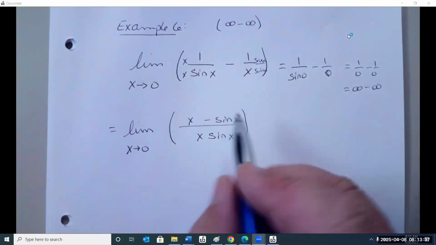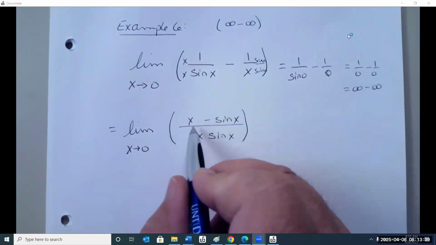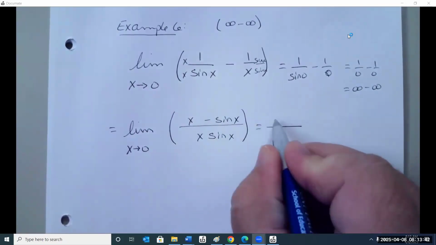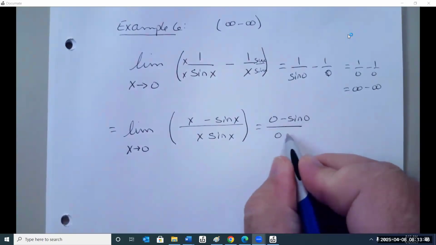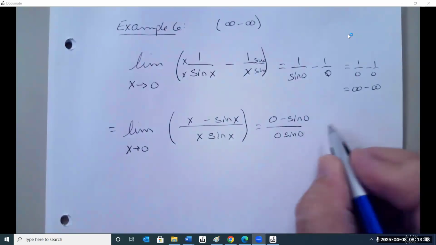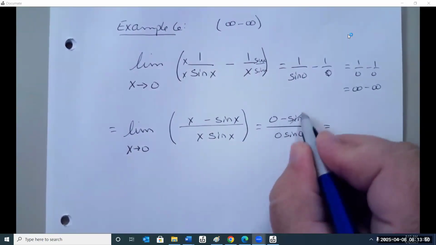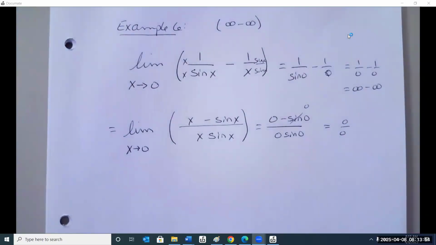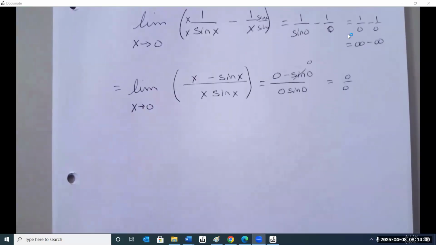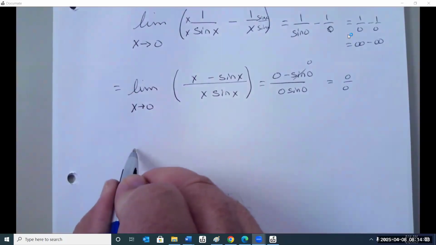Now we can look at L'Hopital's rule. So if we put in 0, we have 0 minus sine of 0 over 0 times sine of 0. This is 0. So we're left at 0 over 0, which gives us what we need to use L'Hopital's rule.